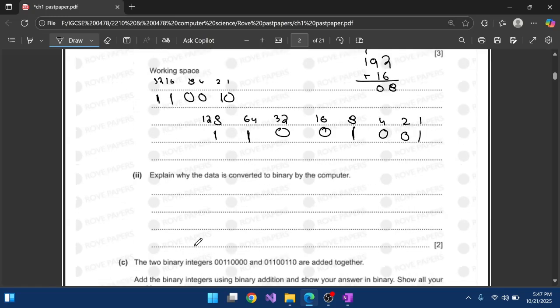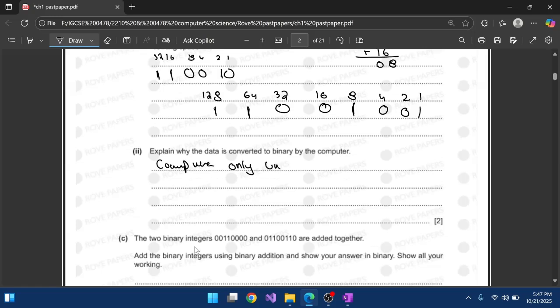Explain why the data is converted to binary by the computer. Why? Because the computer only understands machine code, which is in zeros and ones.